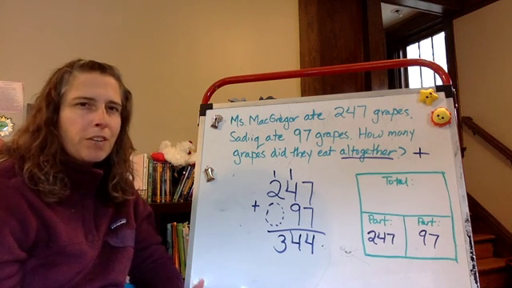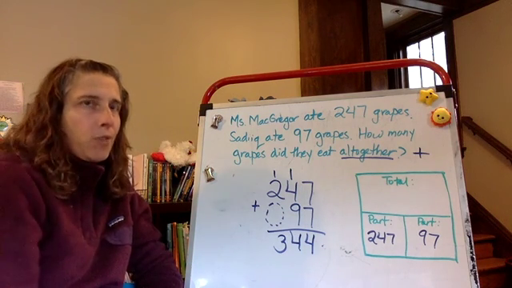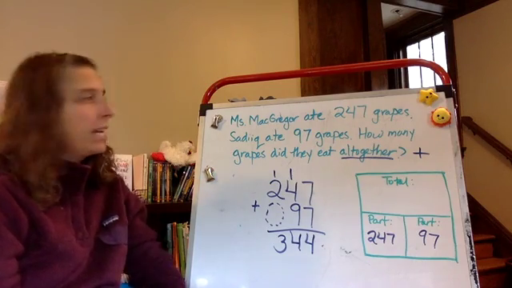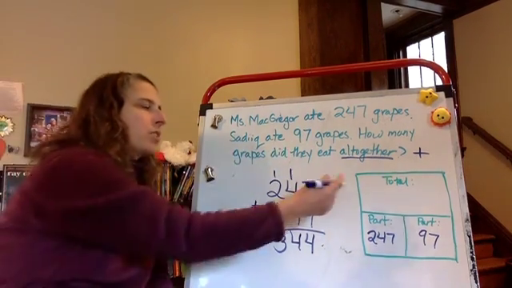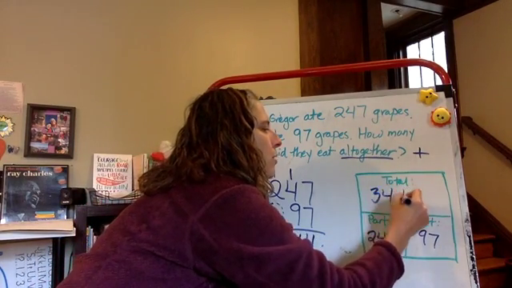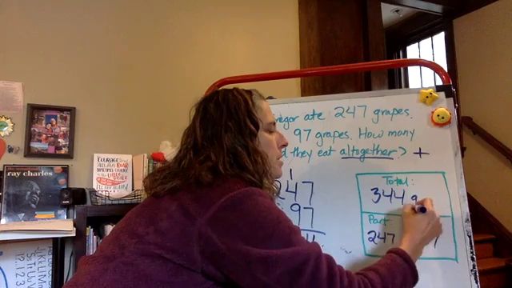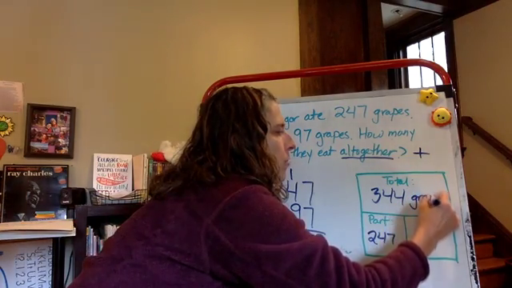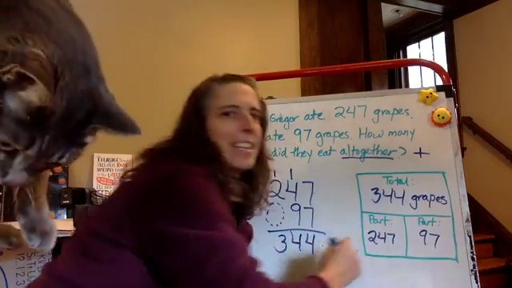But remember, think to yourself, 344 what? 344 cars? 344 snowmobiles? No, it's 344 grapes. So I'm going to be careful to write that in as 344 grapes. Not 344 meows for my cat, but 344 grapes right there.